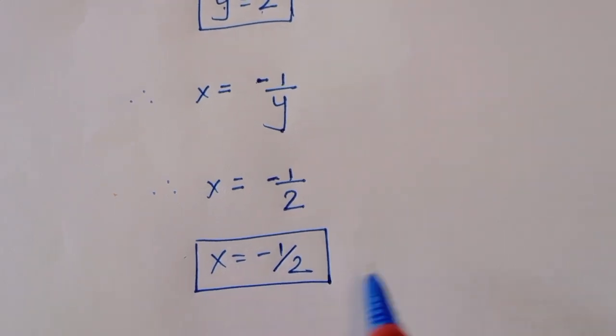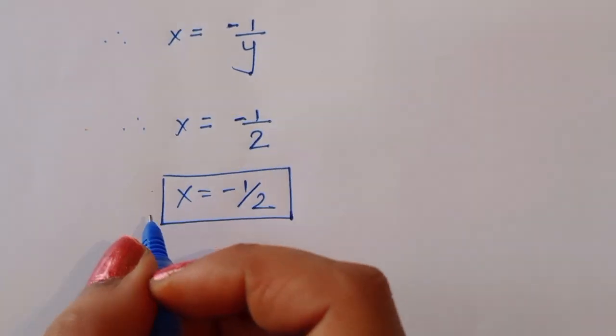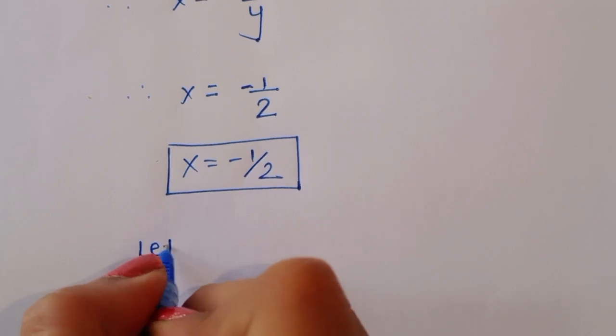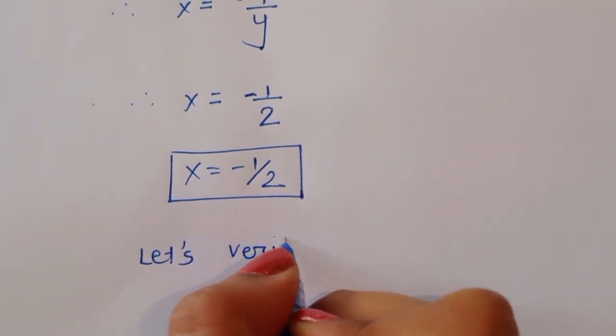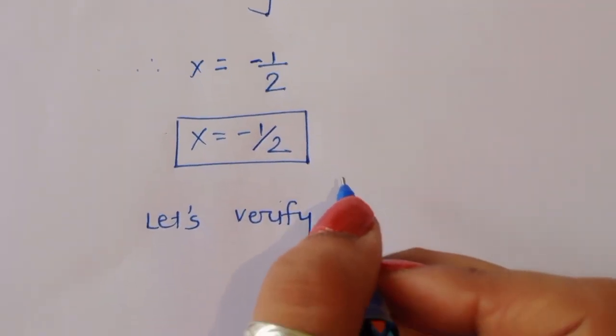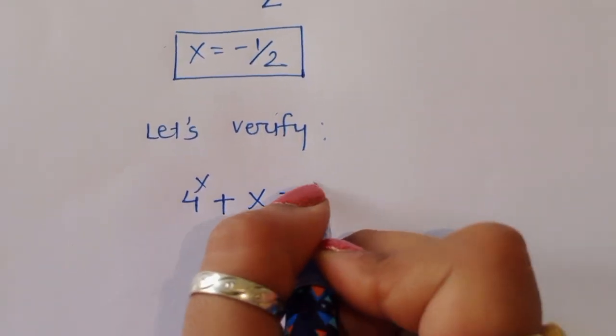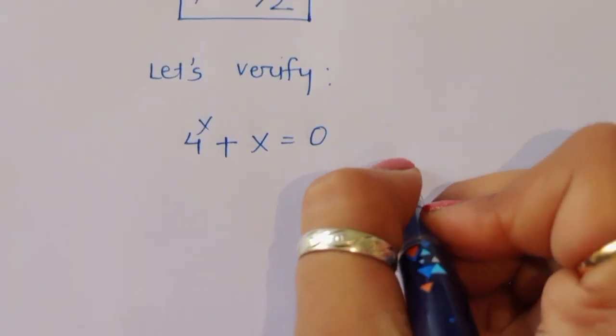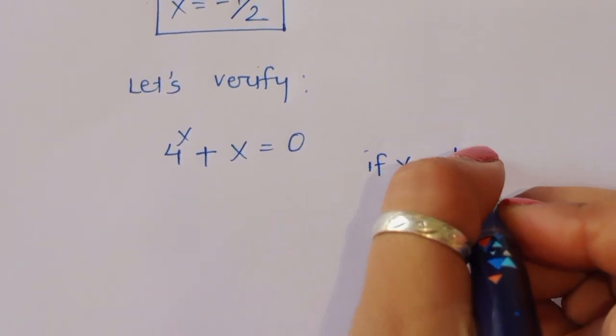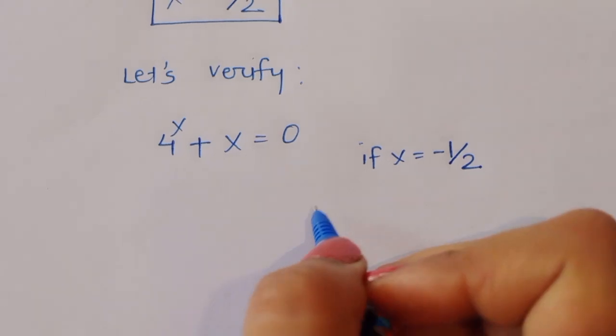Now let's verify. The question is 4 power x plus x is equal to 0. If x is equal to minus 1 upon 2, we have to verify this value of x.